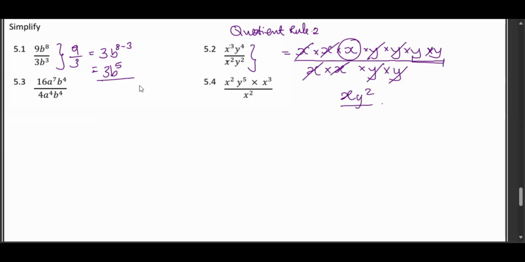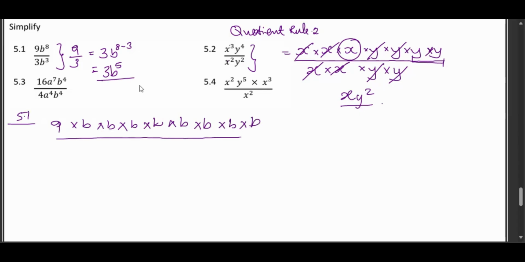Y squared. I could also illustrate it with 5.1. Let me show you. It's 9 times b times b times b times b times b times b. There have to be 8 of them. 2, 3, 4, 5, 6 times b over 3 times b times b times b. So the ones on top, they cancel each other.